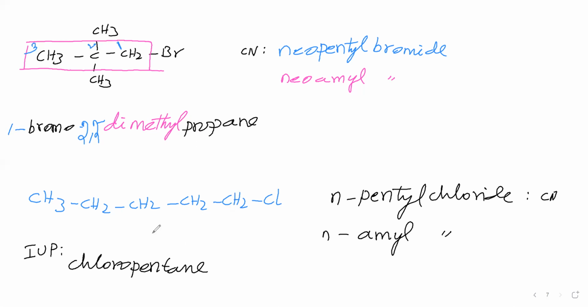Chlorine present at first carbon, therefore 1-chloropentane. The 1 we need not mention also, we can even say chloropentane. But if we say 1-chloropentane, it is more clear. Therefore the IUPAC name of this one is 1-chloropentane. Common name we can say N-pentyl chloride, N-amyl chloride.